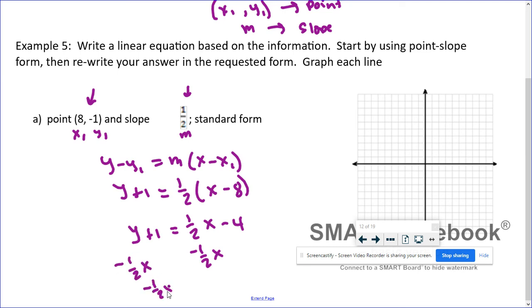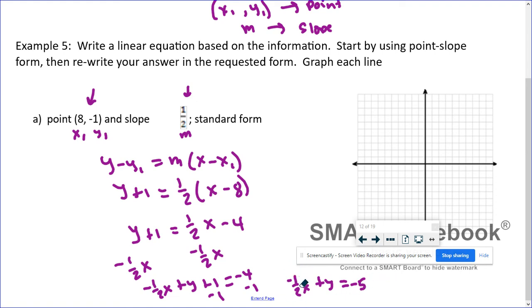Then I get negative 1/2 x plus y plus 1 equals negative 4. There's no constant on the left side, so I'm going to subtract that 1 to the other side, and I get negative 1/2 x plus y is equal to negative 5.